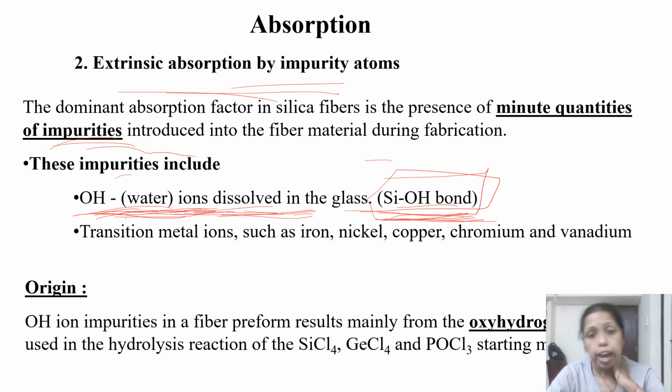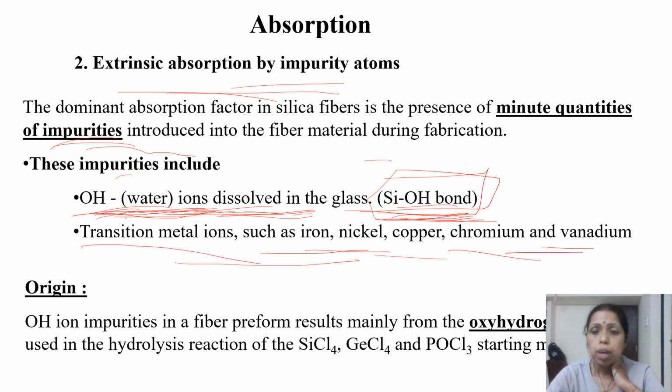And again, some transition materials, some iron, nickel, copper, chromium, vanadium, are used for some other purpose, but somewhere they can dissolve and create a bond with the glass, right? So these impurities may create a bond with the glass. When the oxygen ion is there, it can create a bond with the silicon.